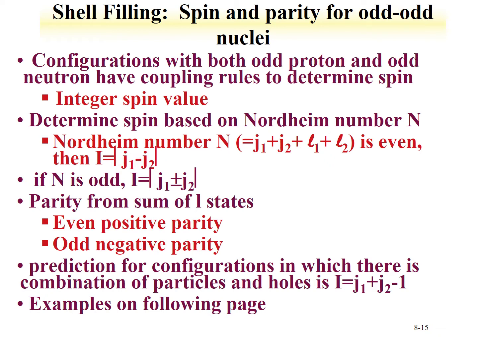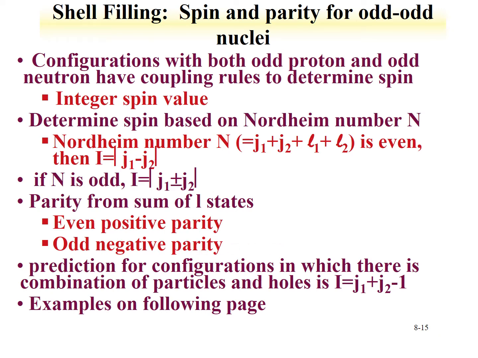If the Nordheim number is odd, we have two possibilities: either the absolute value of the sum or the absolute value of the difference of the spins of the two states occupied by the unpaired nucleons. The parity is from the sum of the angular momentum L states. If that sum is even, it's positive parity, and if it's odd, it's negative parity.